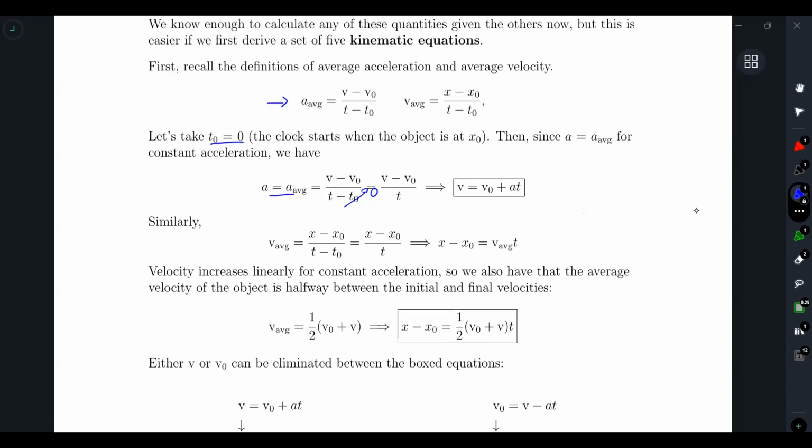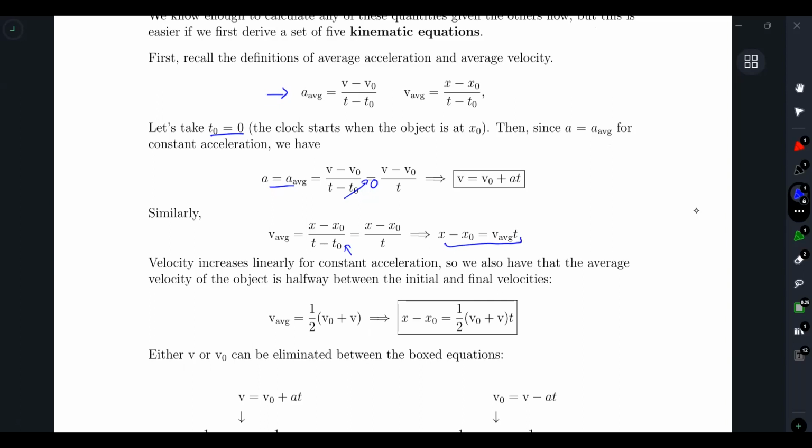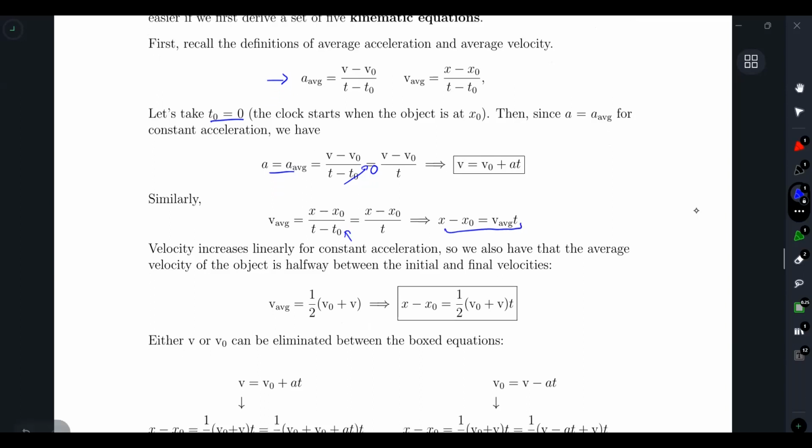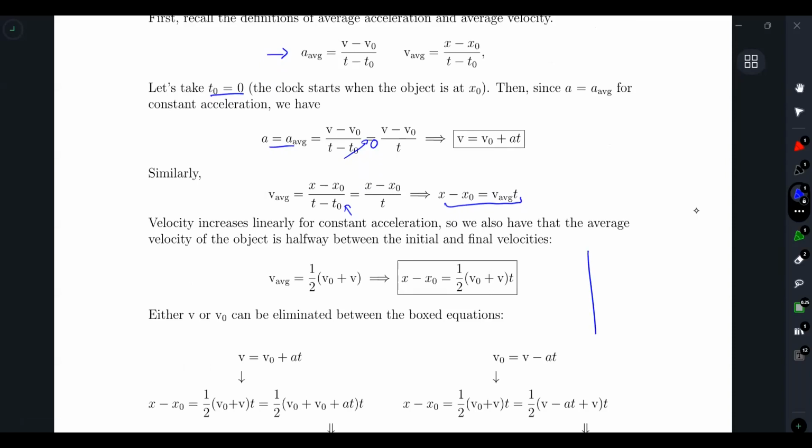We can do a similar thing for the average velocity. And so we get this kind of intermediate equation. We're going to combine that with another one. If we think about on our velocity time graph something increasing in velocity from an initial value to a final value, hopefully you can see that the average velocity is just halfway between those two extremes.